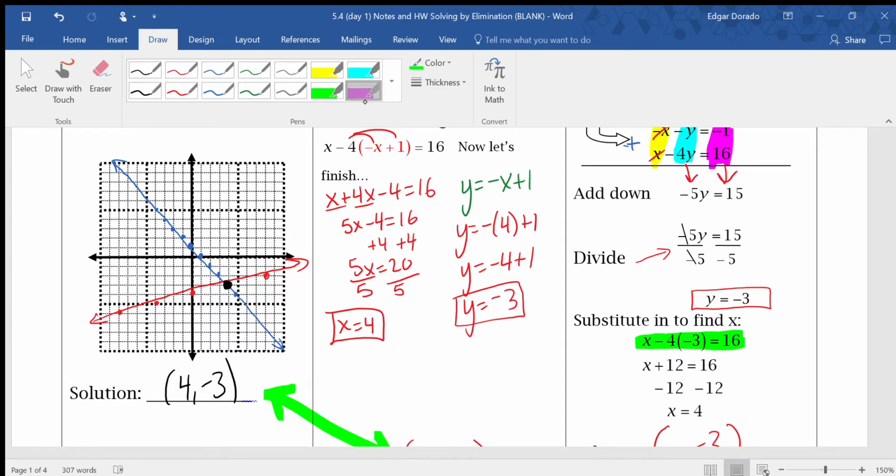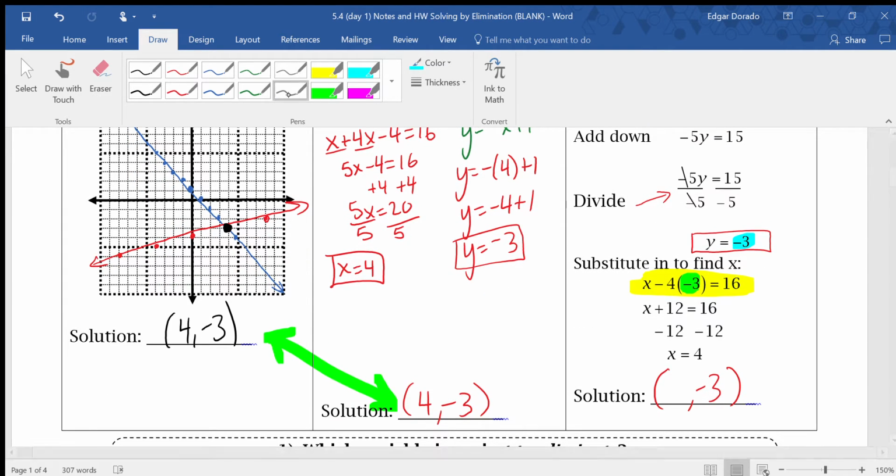Let's do it this way: I'm substituting it back into that equation, and I'm putting my y in there. So now I get x plus 12 equals 16. Subtract the 12, you get x equals 4, which is what I needed. So my final answer is 4 comma negative 3.